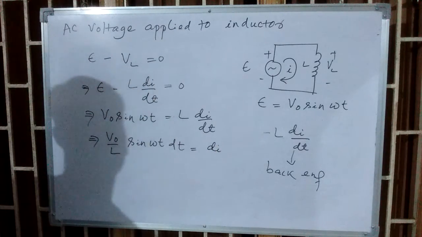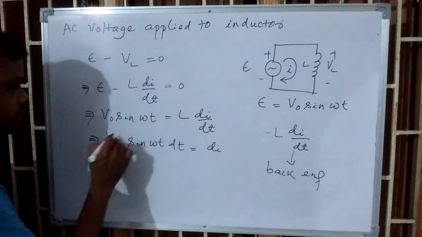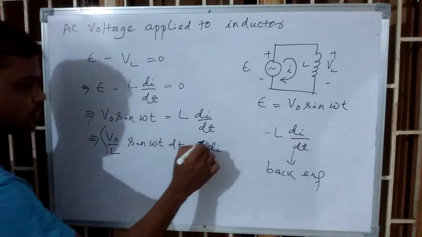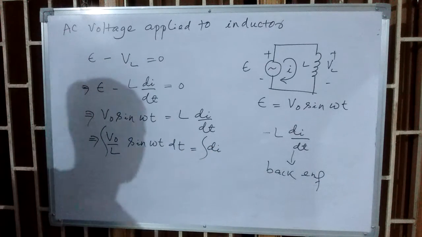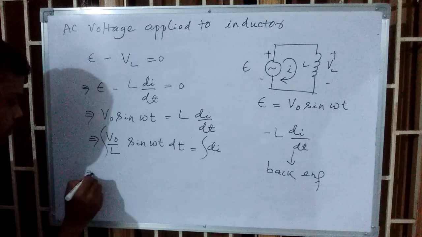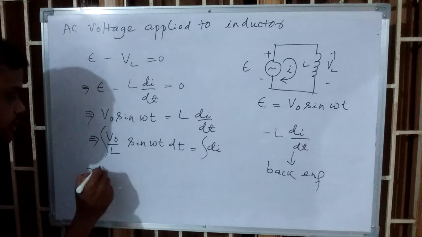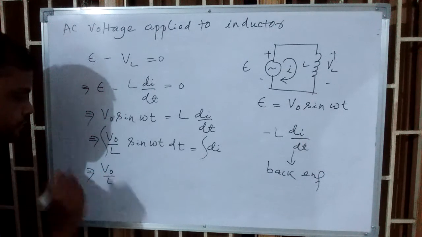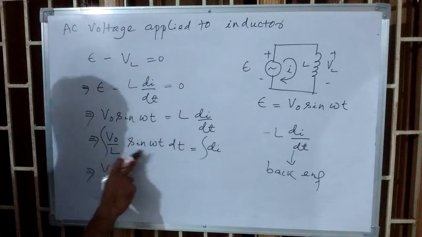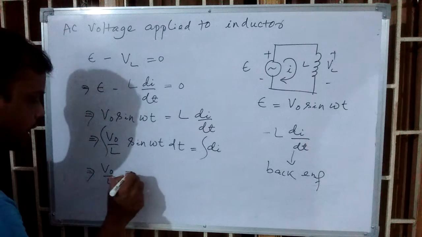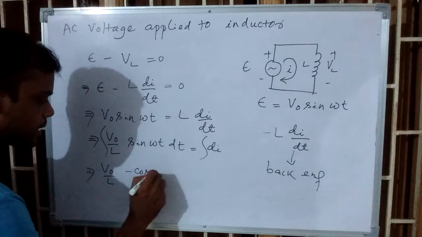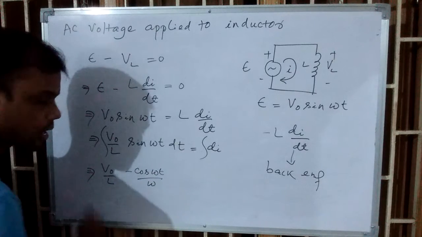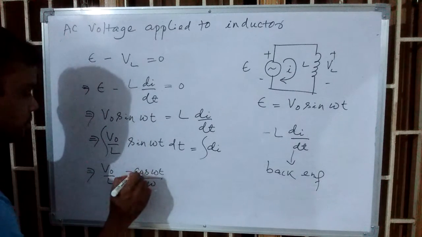Now if we integrate on both sides, then what will happen? V naught by L is constant, so it will be outside. The integration of sin omega t is minus cos omega t by omega.